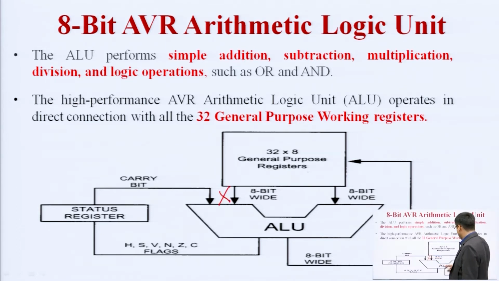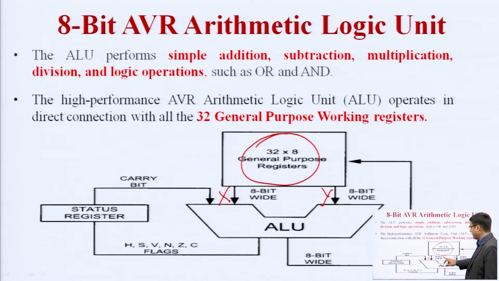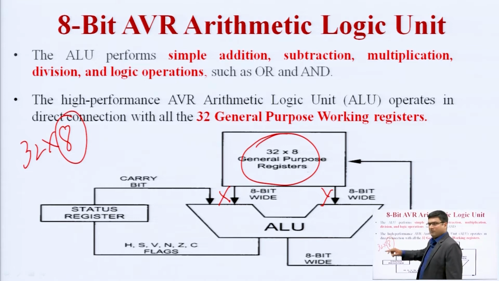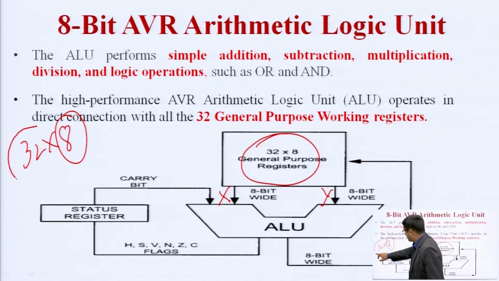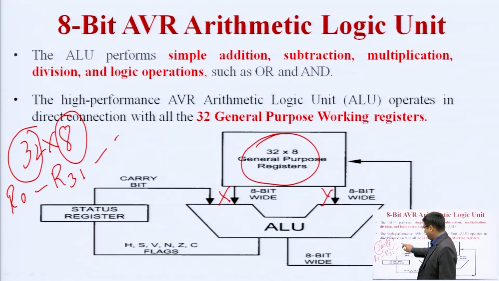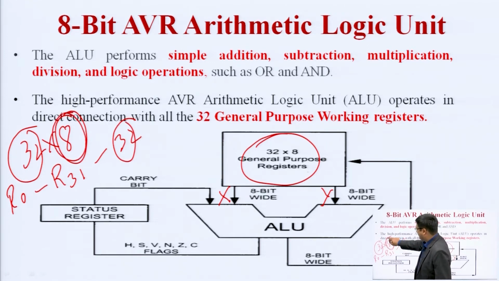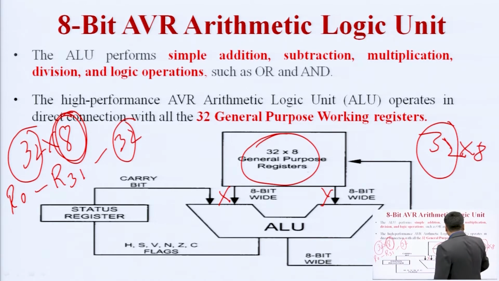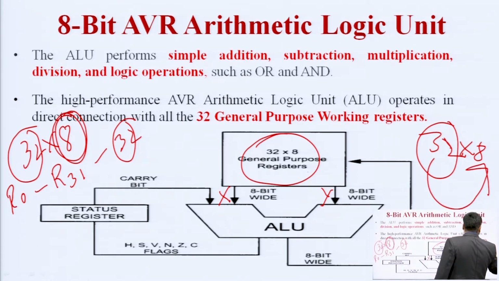Let us consider x here and y here. Who provides the data to the ALU? The 32 into 8 general purpose registers provide data to the ALU. Here 32 means the general purpose registers from R0 to R31, total 32, and each register is of 8 bits, so we write 32 into 8.